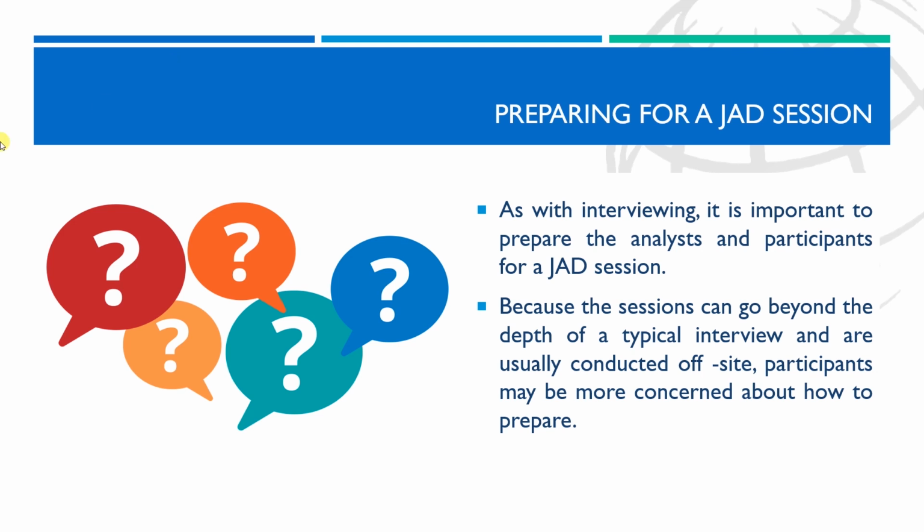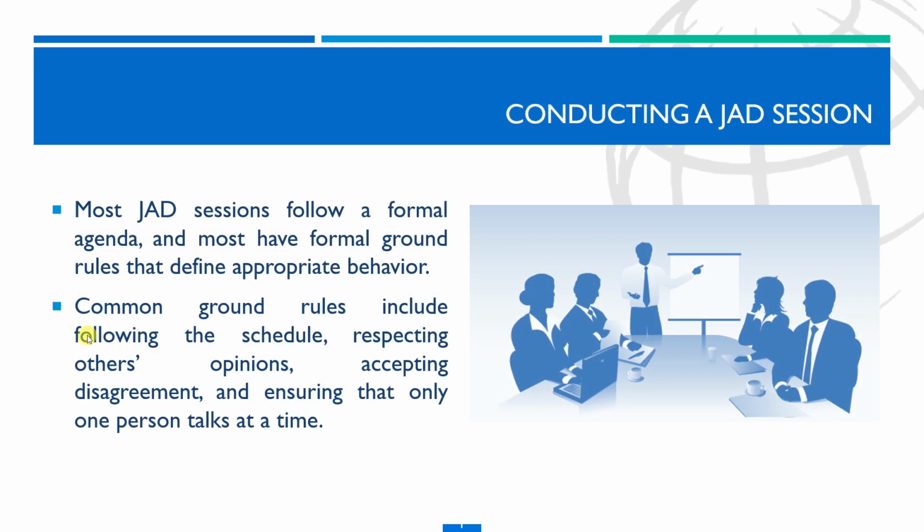During a JAD session, most JAD sessions follow a formal agenda, and most have formal ground rules that define appropriate behavior. Common ground rules include following the schedule, respecting others' opinions, accepting disagreement, and ensuring that only one person talks at a time. The role of the JAD facilitator can be challenging.